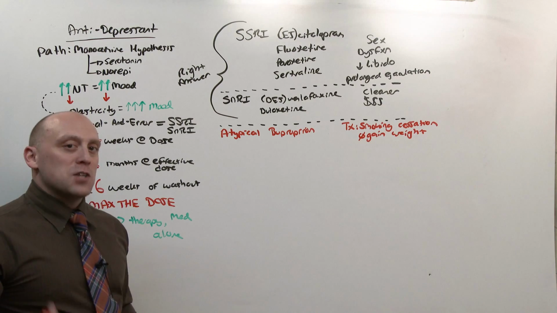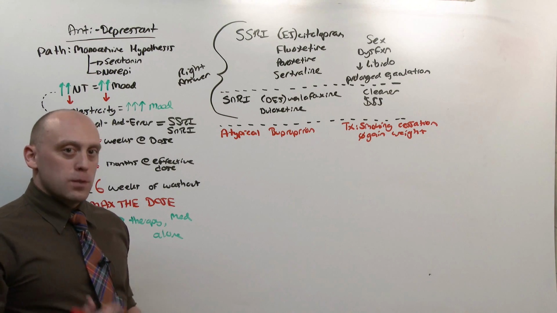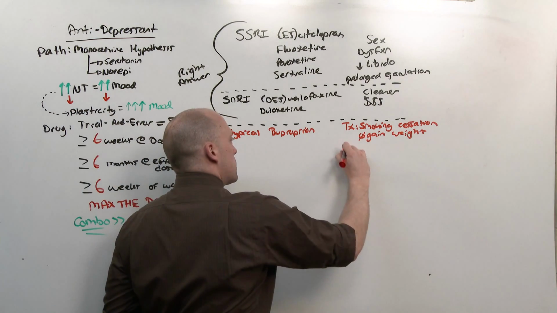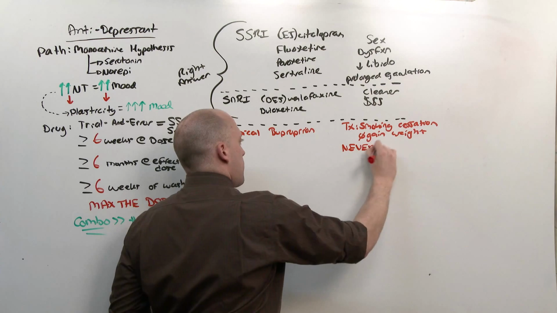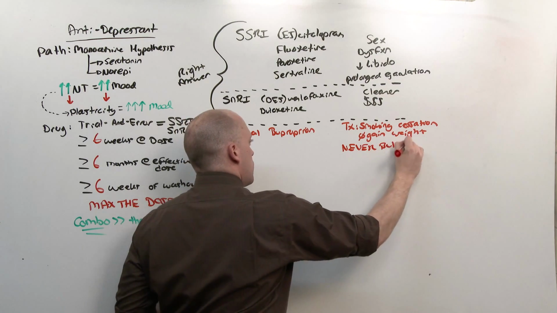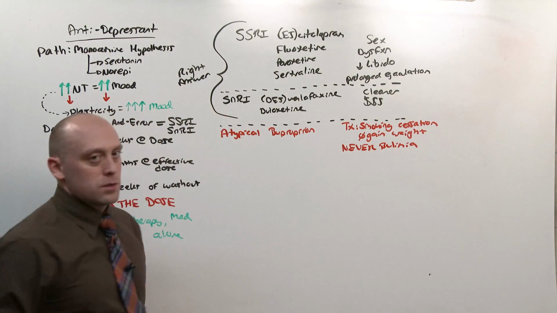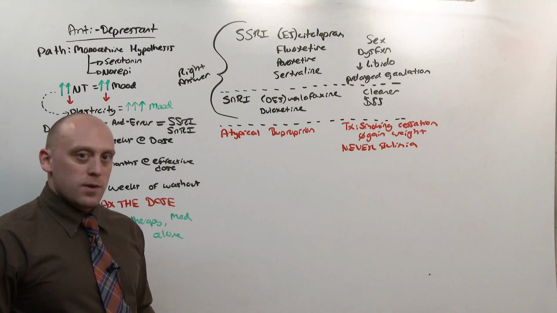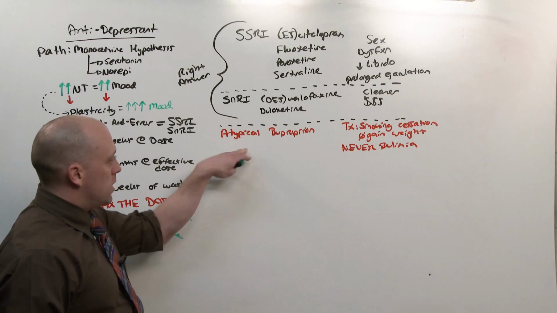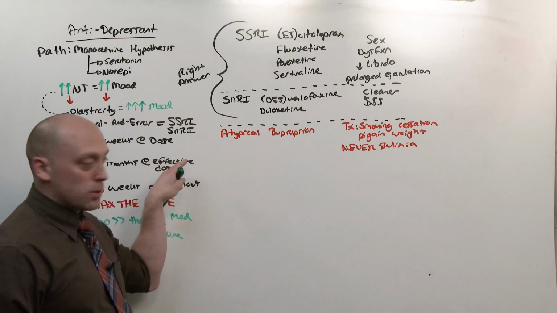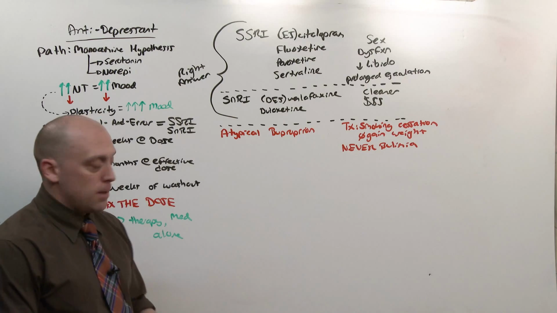But they are never used in bulimia because they decrease the seizure threshold. They also happen to have the lowest in the way of sexual side effect dysfunction. So bupropion can be chosen if someone has a little bit of depression and is trying to quit smoking.